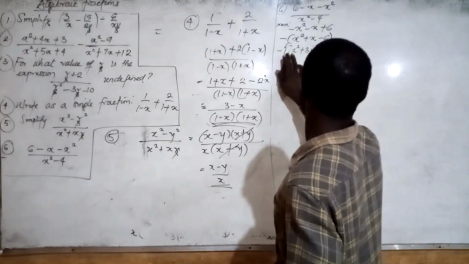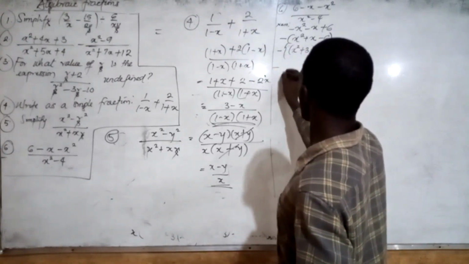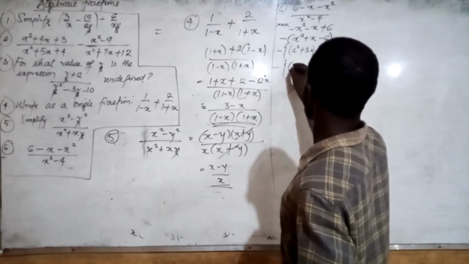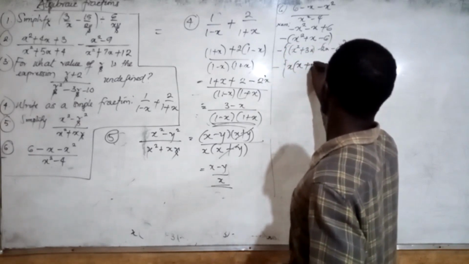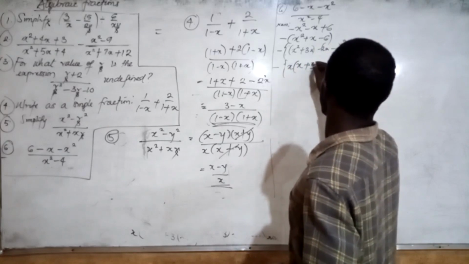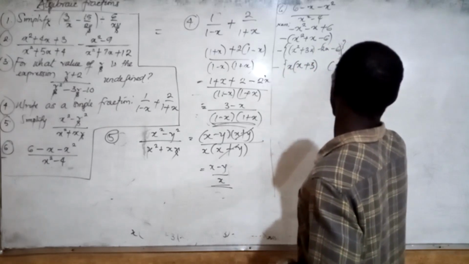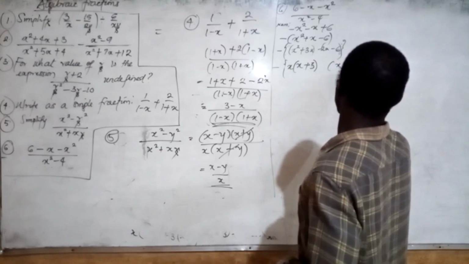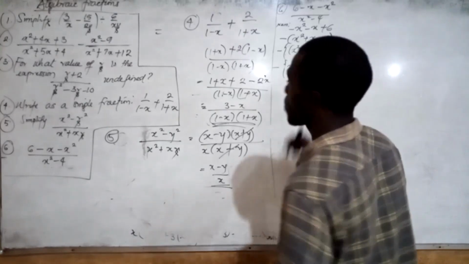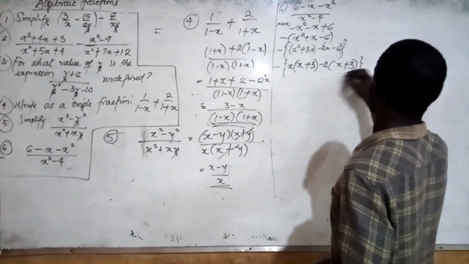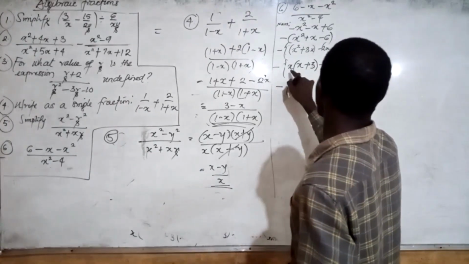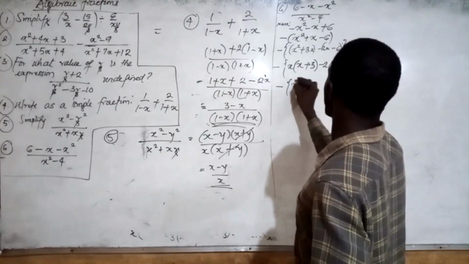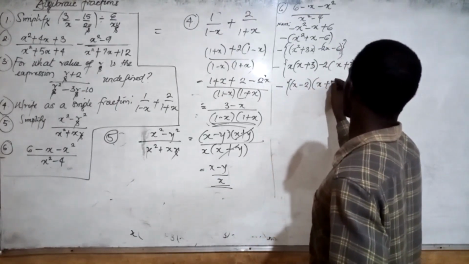The minus is still outside. x is common between x squared and plus 3x. So we'll repeat the same thing for the second bracket, x plus 3. Then we just bring down minus 2 here, and we can repeat the minus. Come down here, x minus 2 is common between minus 2x and minus 6.